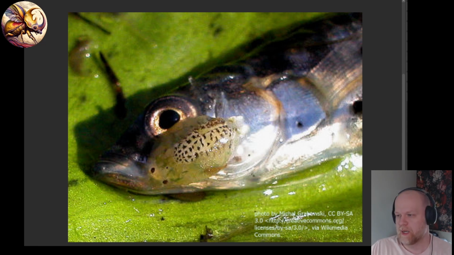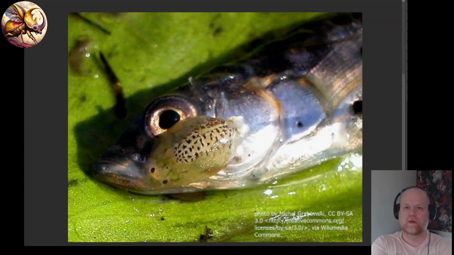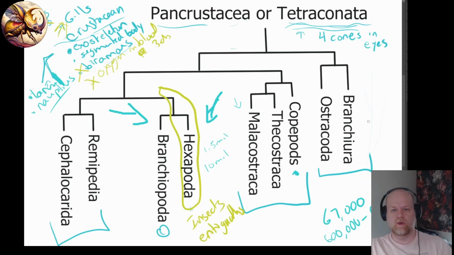They will live on them for a couple of weeks before reproducing and falling off. There's just one known family of them, but they are strange enough that they have fallen into their own, I guess you would say, class. So these are the Argulids, or the Branchiura, and that is all of the crustaceans.